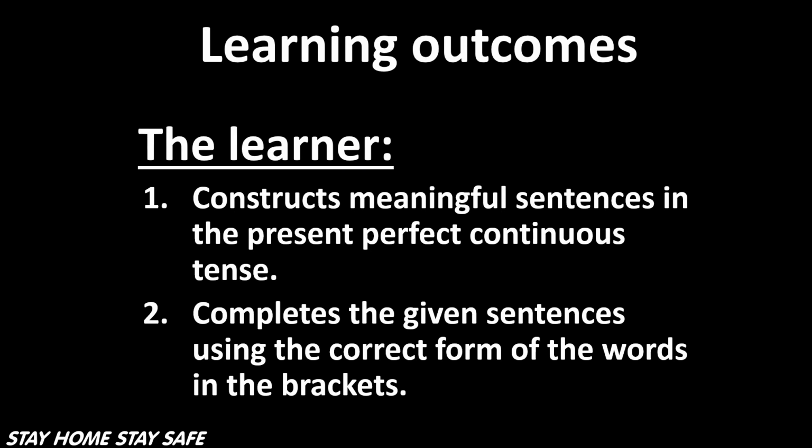By the end of this lesson, you should be able to construct meaningful sentences in the present perfect continuous tense. You should also complete the sentences I'm going to put, and you complete them by using the verbs that I will put in brackets. You change the verbs that are put in brackets to the present perfect continuous tense.